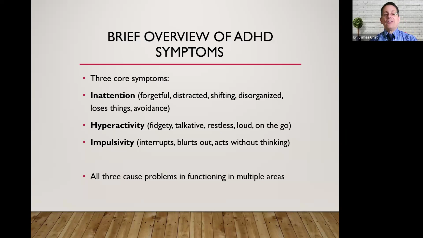The hyperactive kids or the impulsive kids often get identified sooner because they cause more problems in functioning, especially at school. So sometimes we work with middle schoolers, teenagers who may not have been diagnosed when they were younger, but the symptoms become more prominent as they get older because their ability to handle the organizational demands of school, as those demands get higher and more involved, they start having trouble functioning.